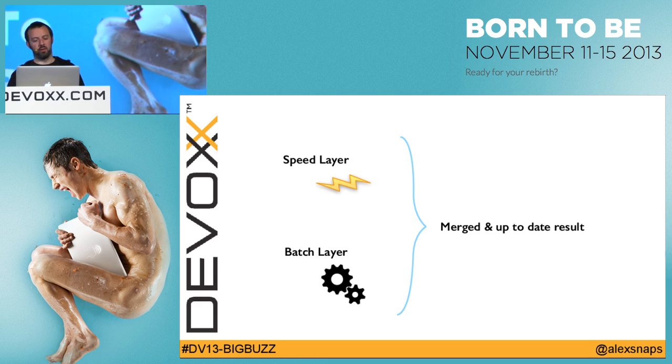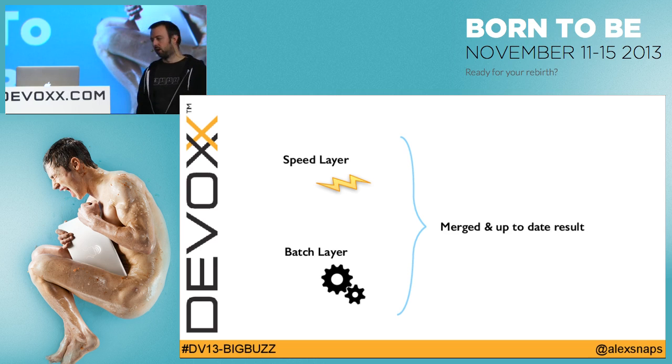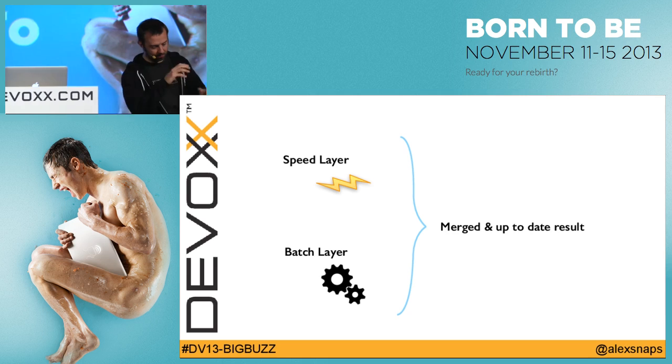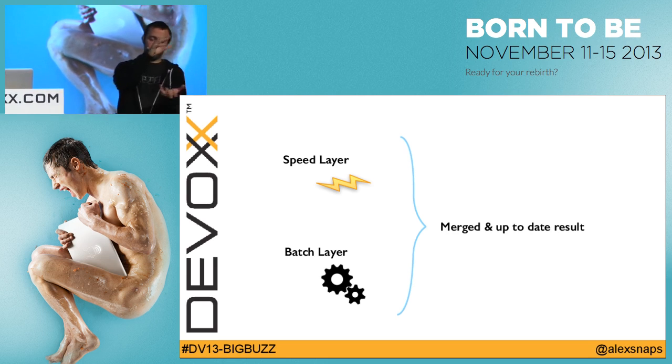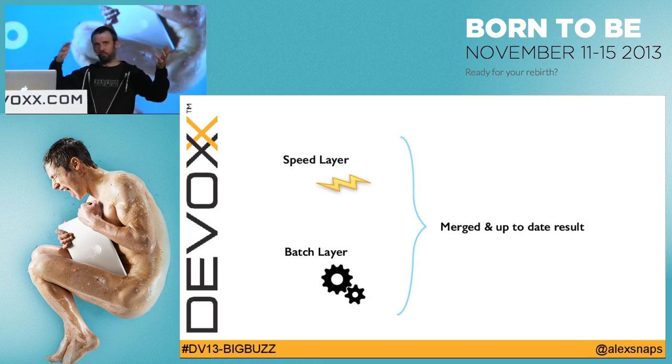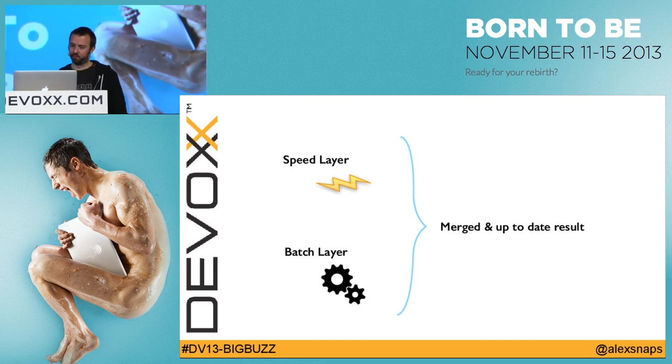So what we need now is a way to merge all that so that I get an up-to-date result. So their proposal is to use what they call a speed layer, where I can fetch those results, merge them, and give sort of a real-time view into the system.